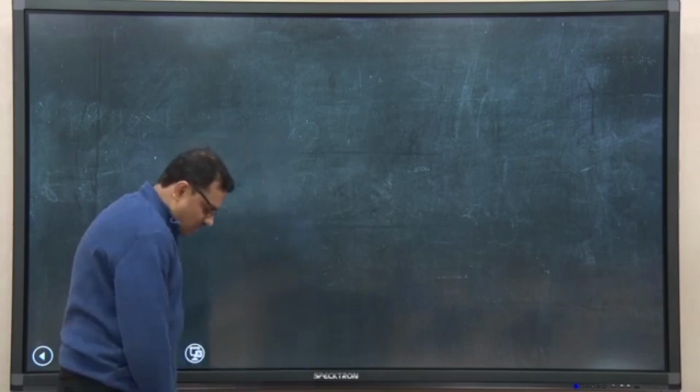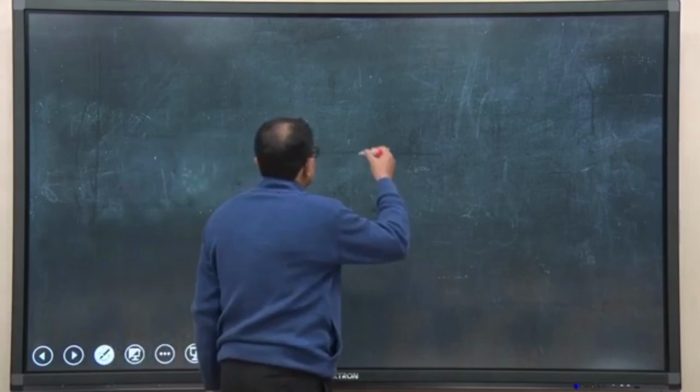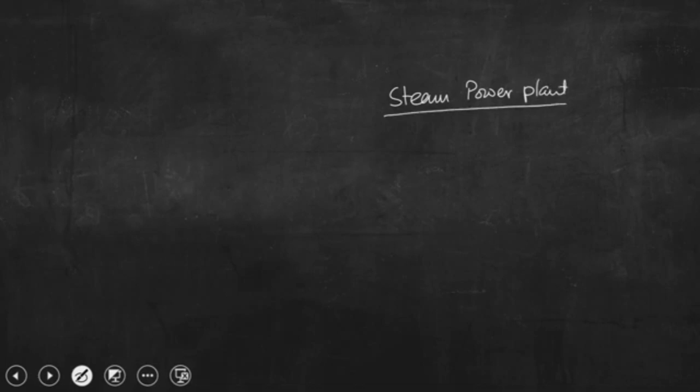So, if we try to draw the schematic of a steam power plant, and we can see the major components.